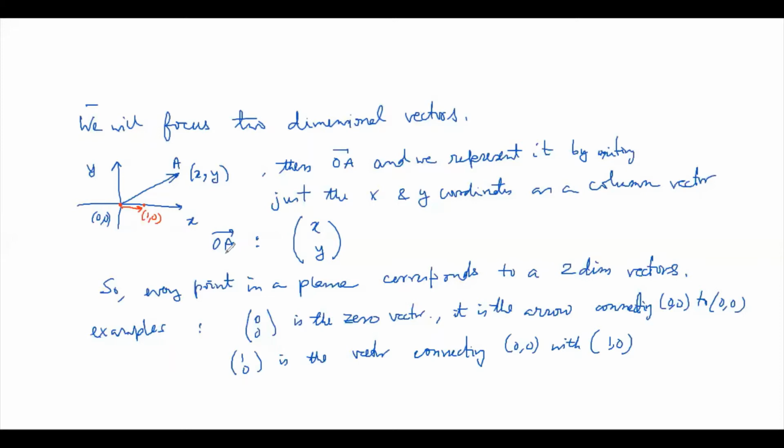Now in the next slide, we'll see that vectors can be added. Just like numbers, vectors can be added, and let's see that. So again, take an example. Let's take two vectors.